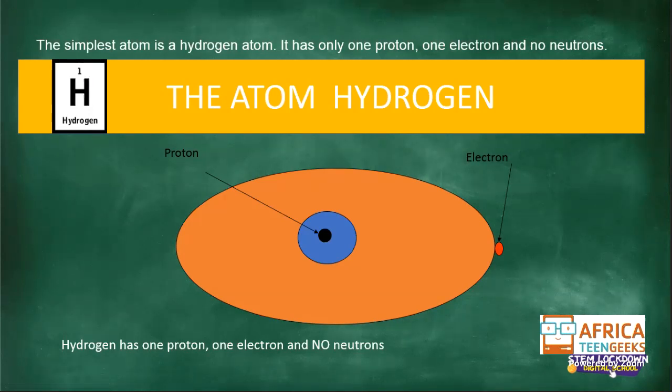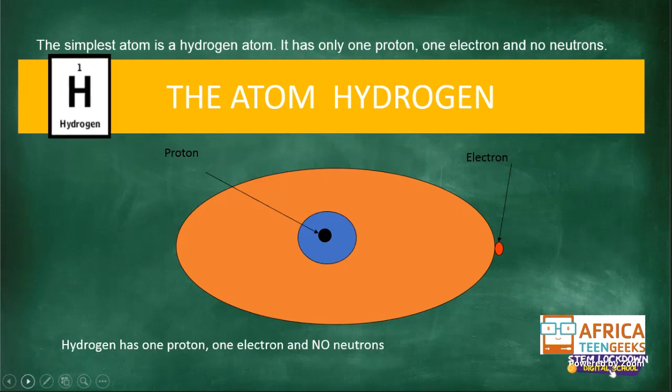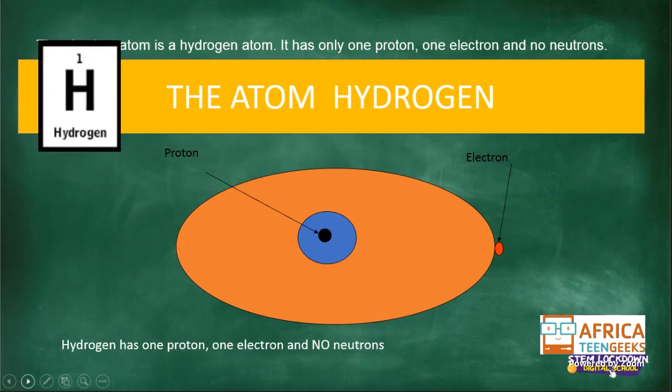So in your test, when they tell you to look at the periodic table and tell them how many protons a silver element has, for example, all you do is look at the top of the element, the atomic number, and whatever the number is, it will tell you how many protons there are.